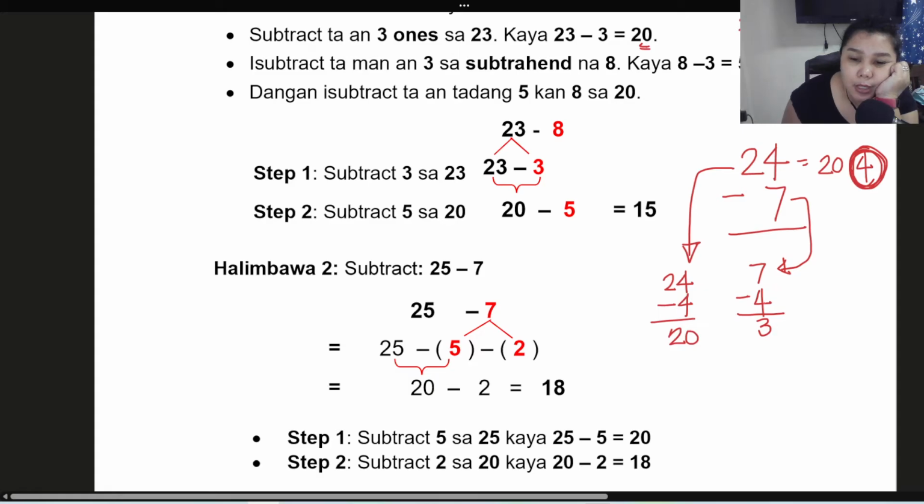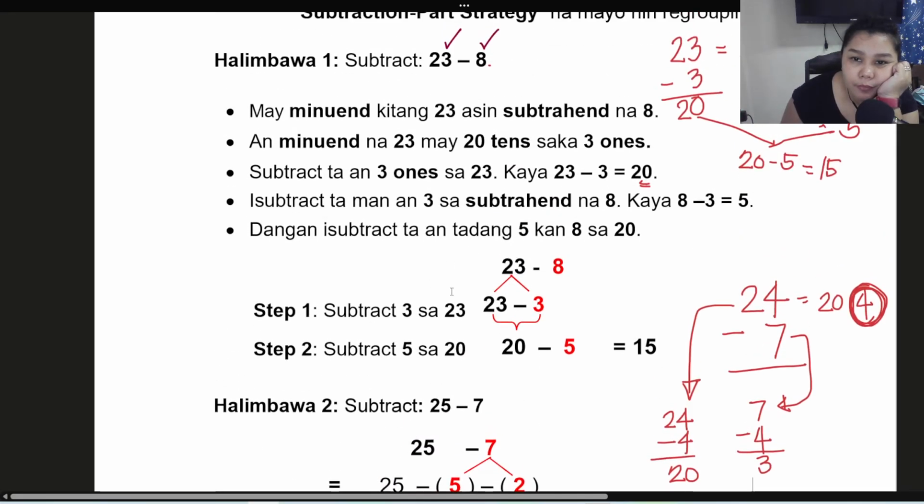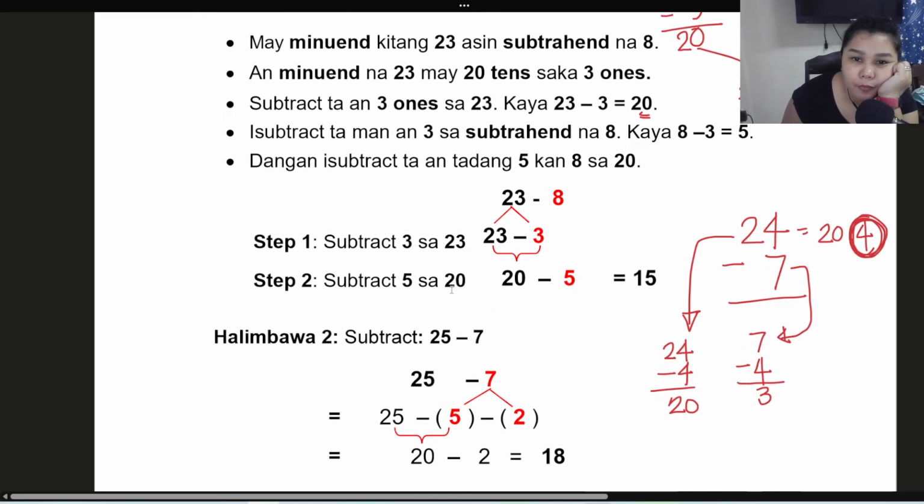Okay. So, ang mangyayari, 20 minus 3, it's 17. So, tama ba? Oo. So, 17.